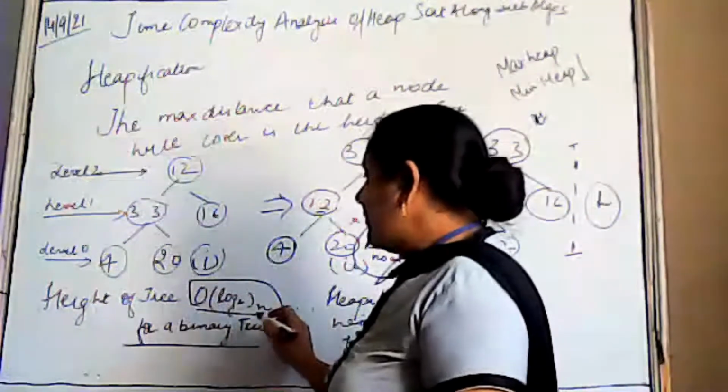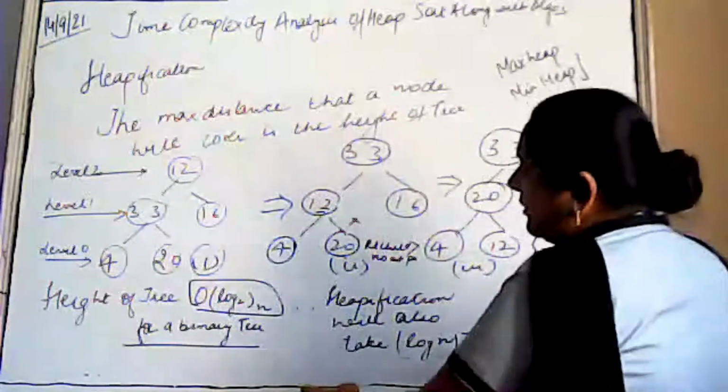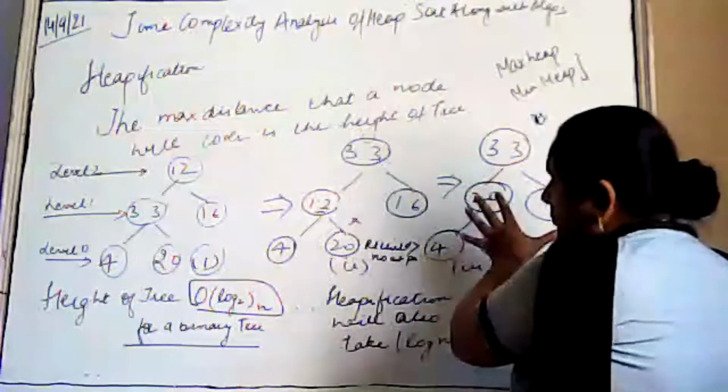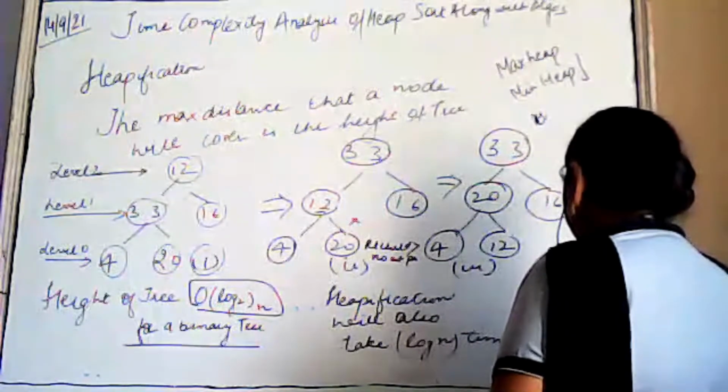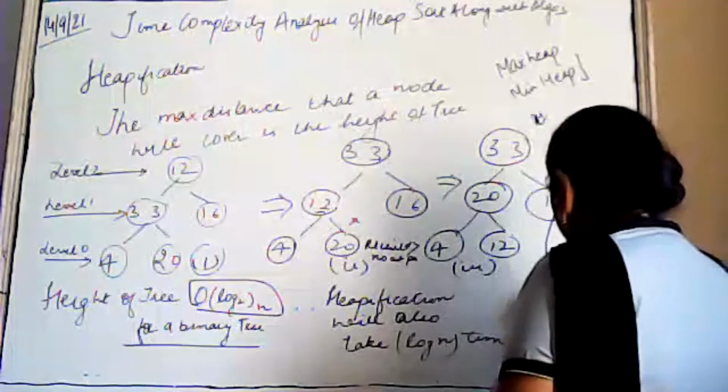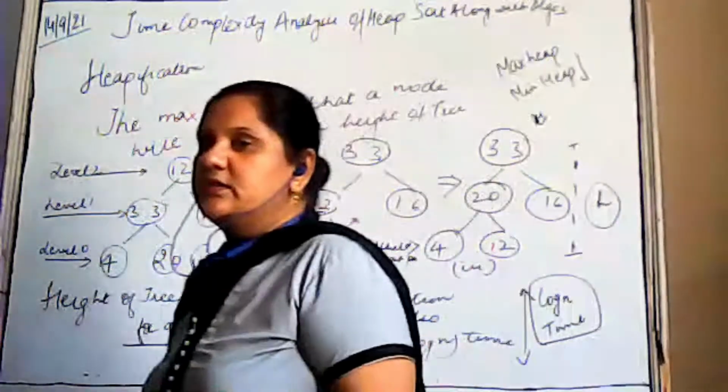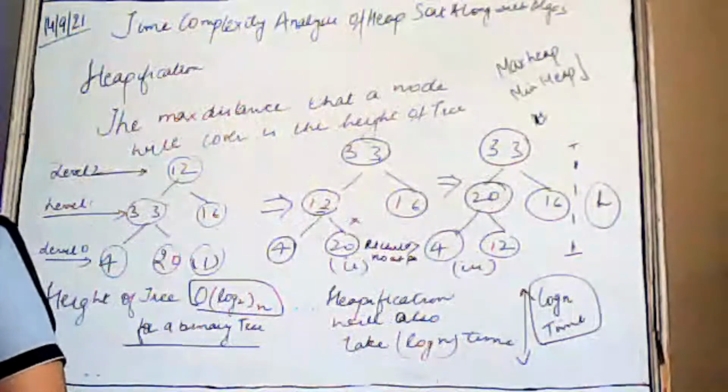For a binary tree we need log n comparisons. Here we will also do log n comparisons, so it will take log n time. So this is the time for heapification.